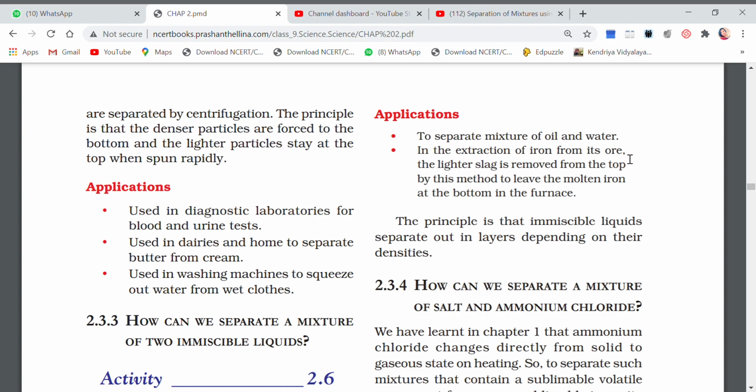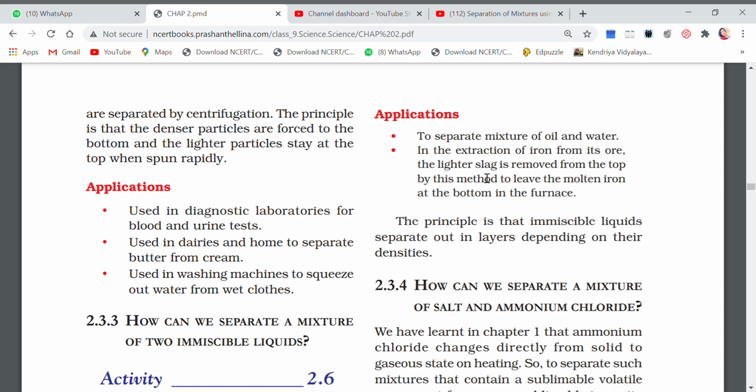It will melt, and when it is melted, the different layers, or you can say the slag. Why do I say it's slag? Because that is unwanted. All the unwanted material is called slag, and that is lighter.